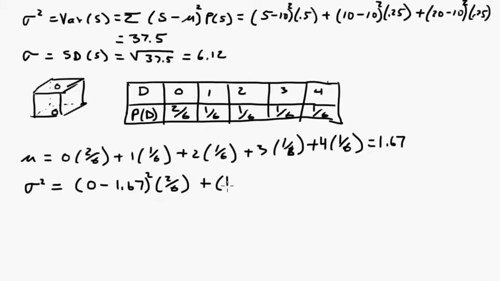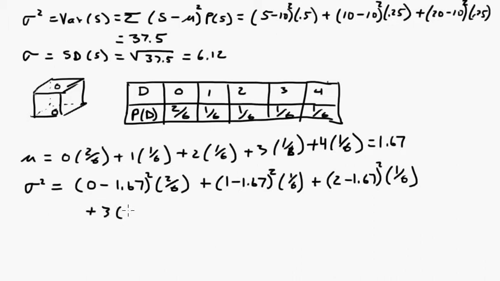Then I take 1 minus 1.67, square it, multiply it by 1 over 6, plus 2 minus 1.67 squared times 1/6, plus 3 minus 1.67 squared times 1 over 6, and finally 4 minus 1.67 squared times 1/6.